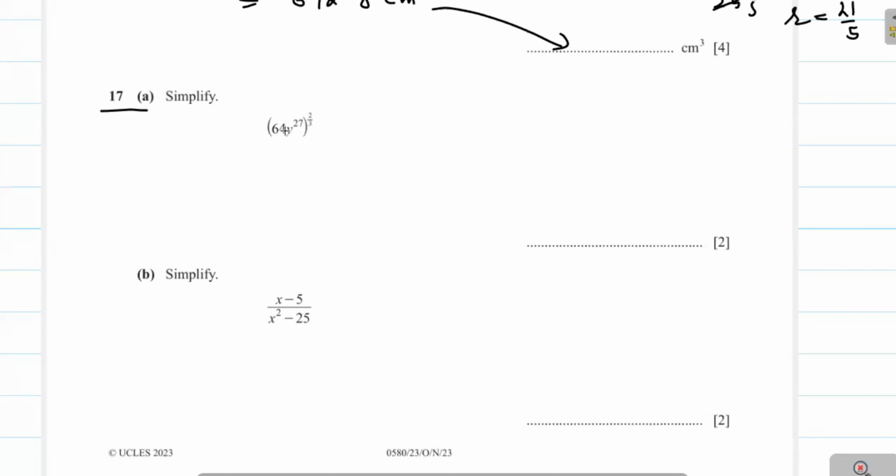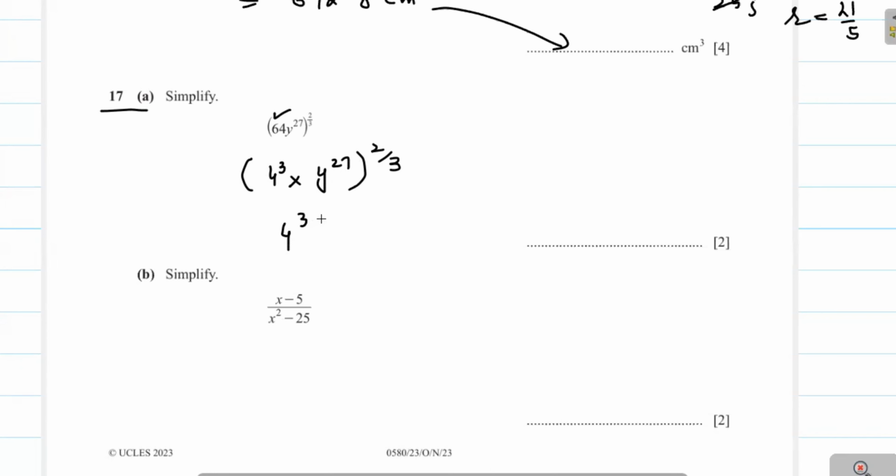Question 17, part A, 64 over 27 to the power 2 over 3. Now we can write 64 is the cube of 4, over 27, whole power 2 over 3. Now we simplify it.